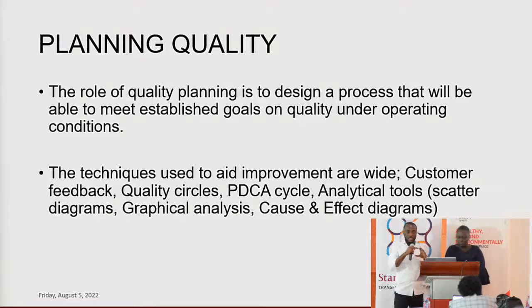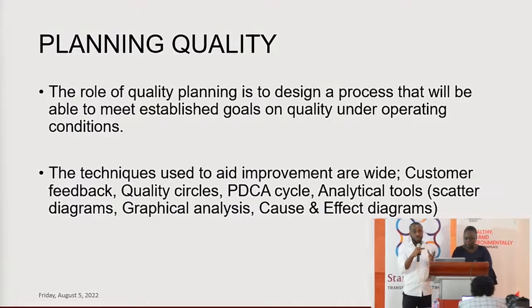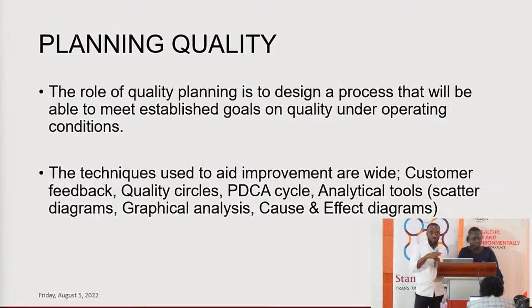And in an organization, we have techniques that you use in order to achieve quality. We'll look at quite a few of the techniques here, and they are customer feedback, quality circles, the PDCA cycle. We also have analytical tools, which comprise scatter diagrams, graphical analysis, and cause and effect diagrams.